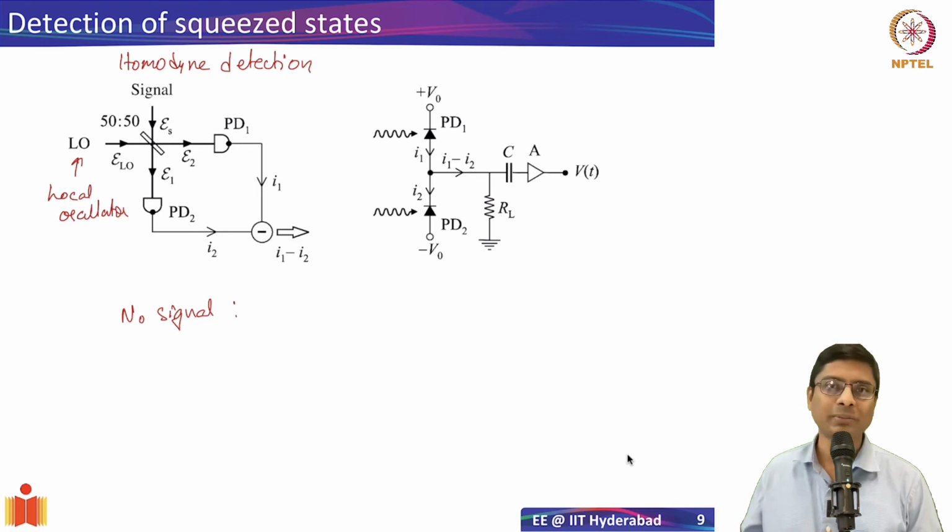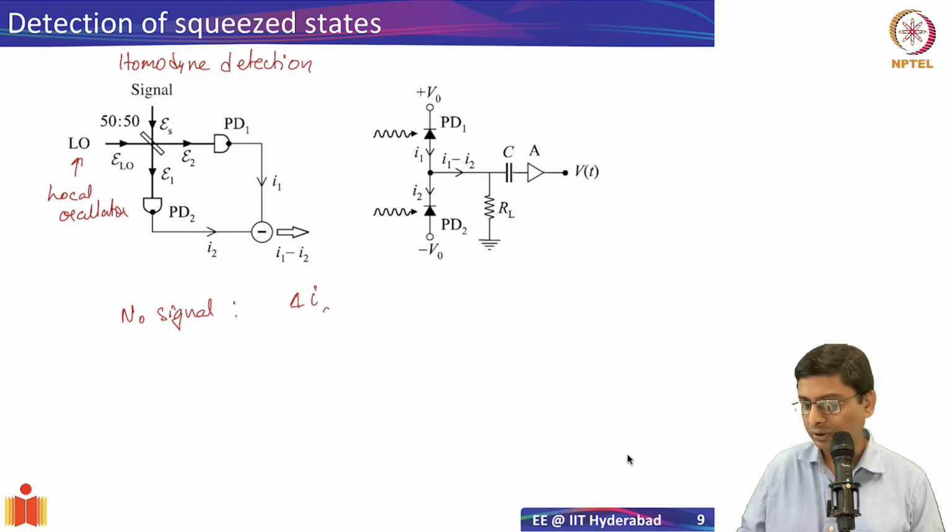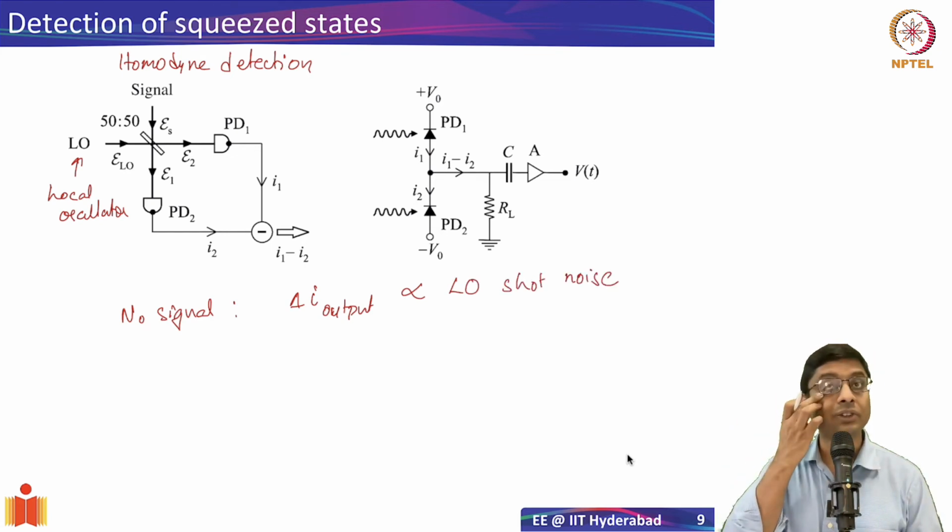Only the fluctuations remain. So if you look at the fluctuations in the output, delta I output, this is proportional to basically the local oscillator shot noise. Every other form of fluctuation is taken out. So this is without the signal.